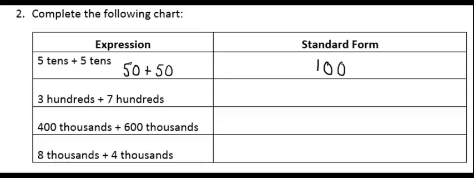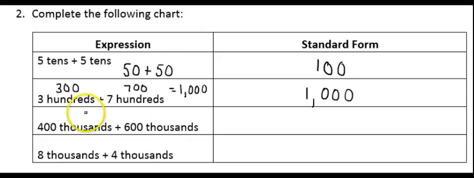300s plus 700s would give me 10 hundreds, or 300 plus 700 would give me 1,000, which is the same thing as 10 hundreds. So the standard form is 1,000. The next problem, I have 400 thousands and 600 thousands.